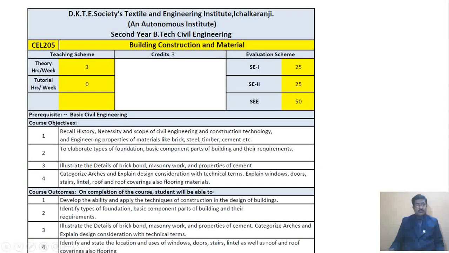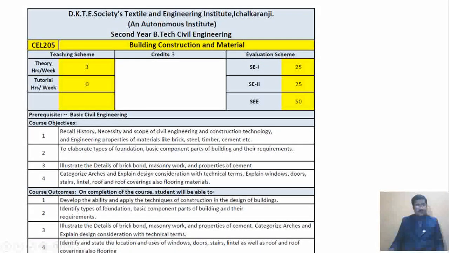So what are the course objectives of this subject? First is to recall the history, necessity and scope of civil engineering and construction technology, and engineering properties of materials like bricks, steel, timber, cement, etc. Second is to elaborate the types of foundation, basic component parts of the building and their requirements.